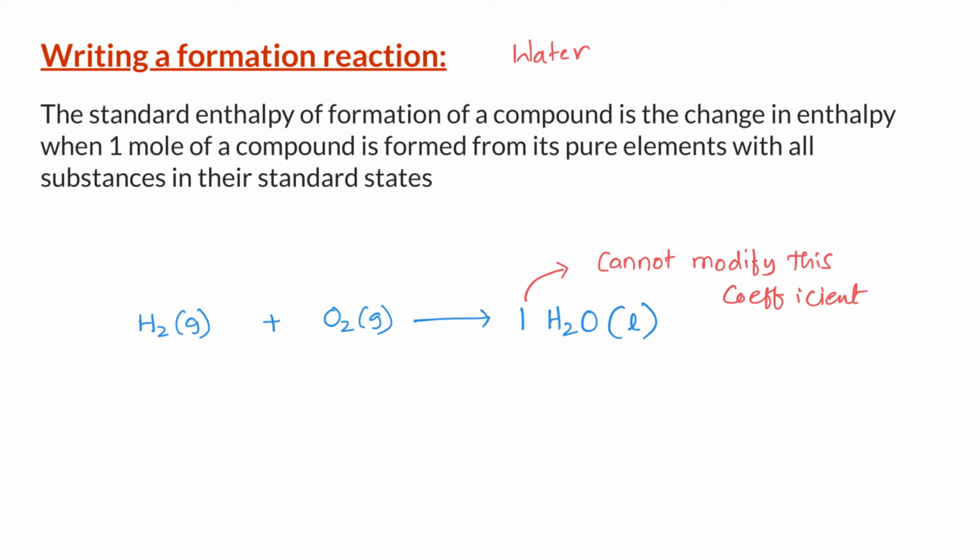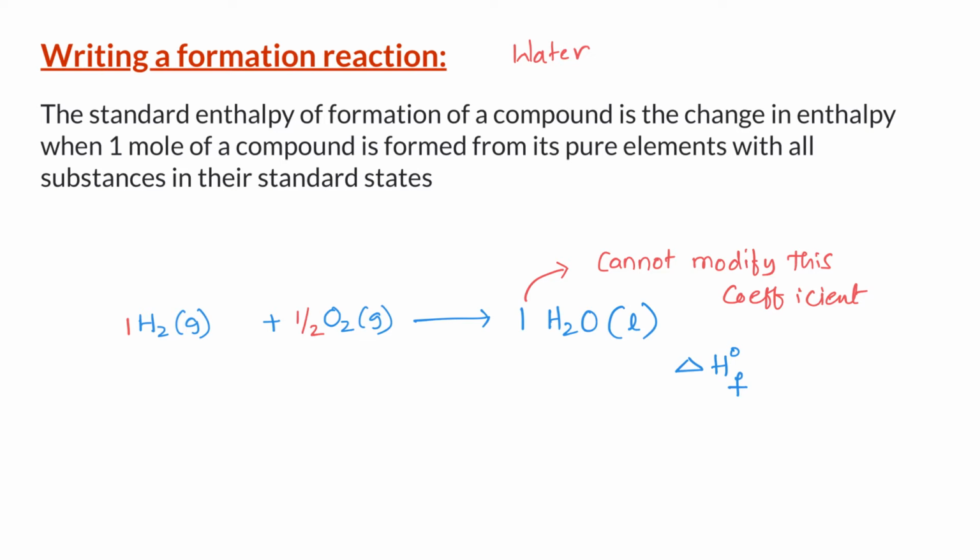If we balance this equation, we get 1 mole H2 gas plus half a mole of O2 gas gives 1 mole of H2O liquid. This is the formation reaction of water, and the enthalpy change for this reaction under standard conditions is defined as the standard enthalpy of formation for water.